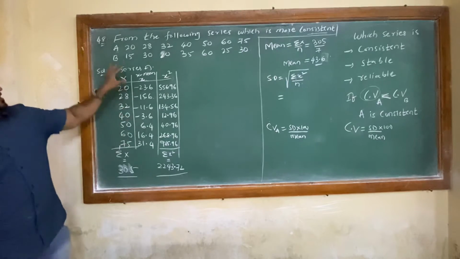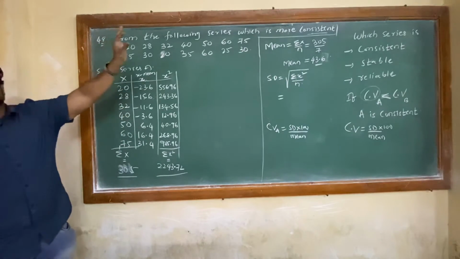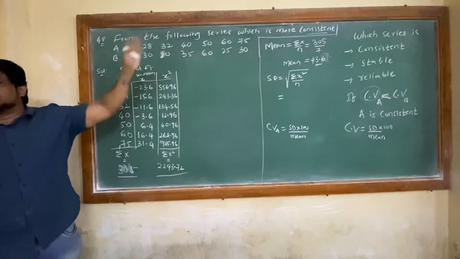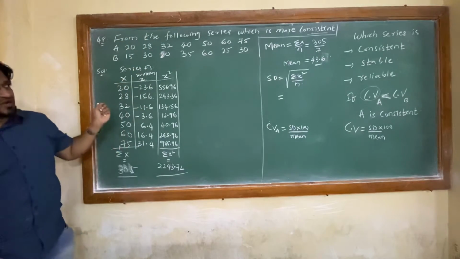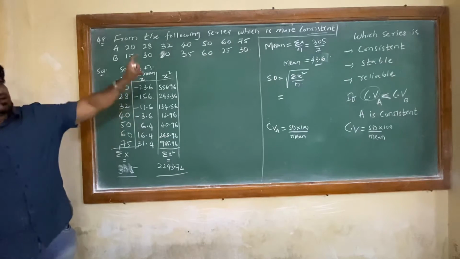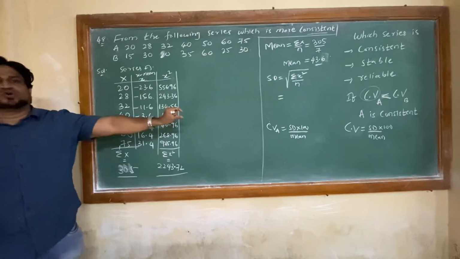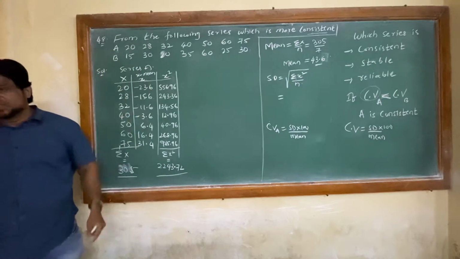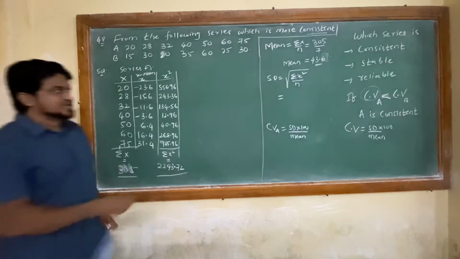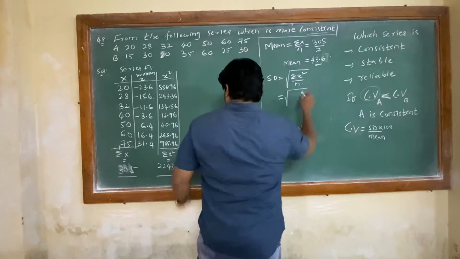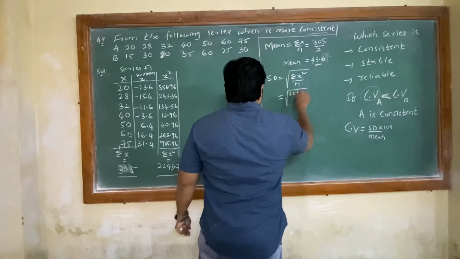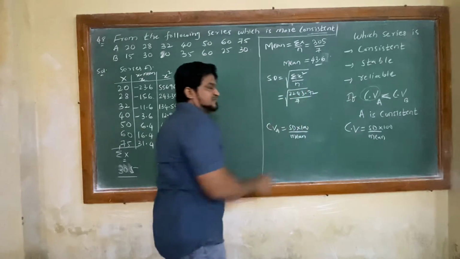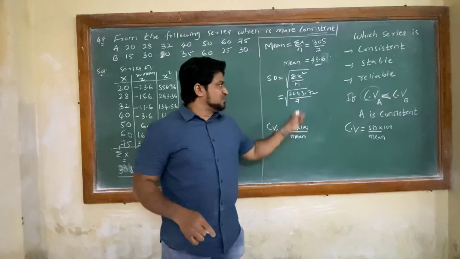We have two series given. For consistency, what is given to you? They have not given a standard deviation, nor a mean, nothing. What we are doing: we have to find mean, we have to find standard deviation. Both the answers we have to substitute in the coefficient of variance formula for series A. Same thing again we will follow for series B also. First we will find for series A. Here root over 2243.72 divided by n. So divide 2243.72 by 7.